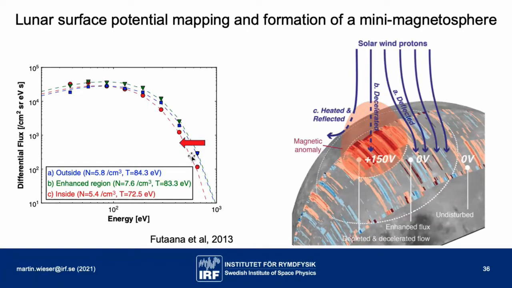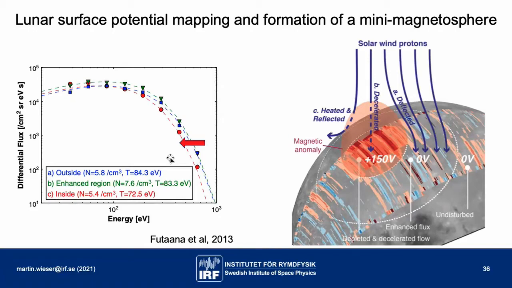So the red spectrum is while inside the magnetic anomaly, and the blue and the green spectra are from the regions around. And this is interpreted as the buildup of a surface potential of about 150 volts, which slows down the solar wind protons before they interact with the surface.